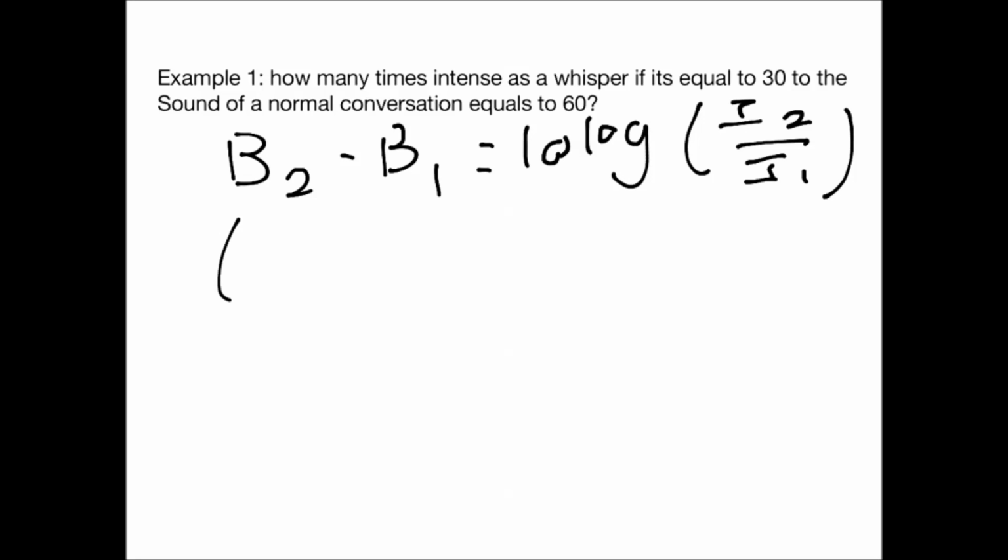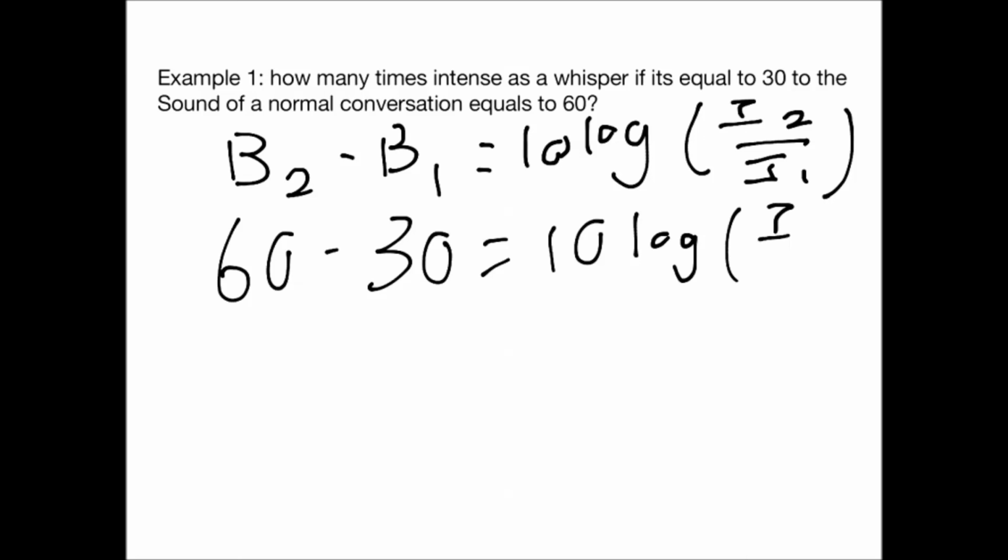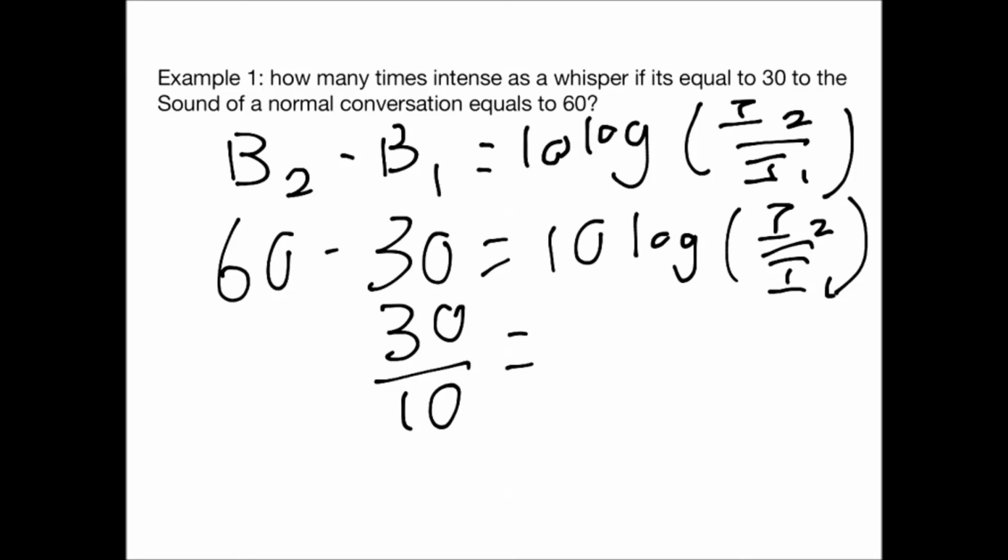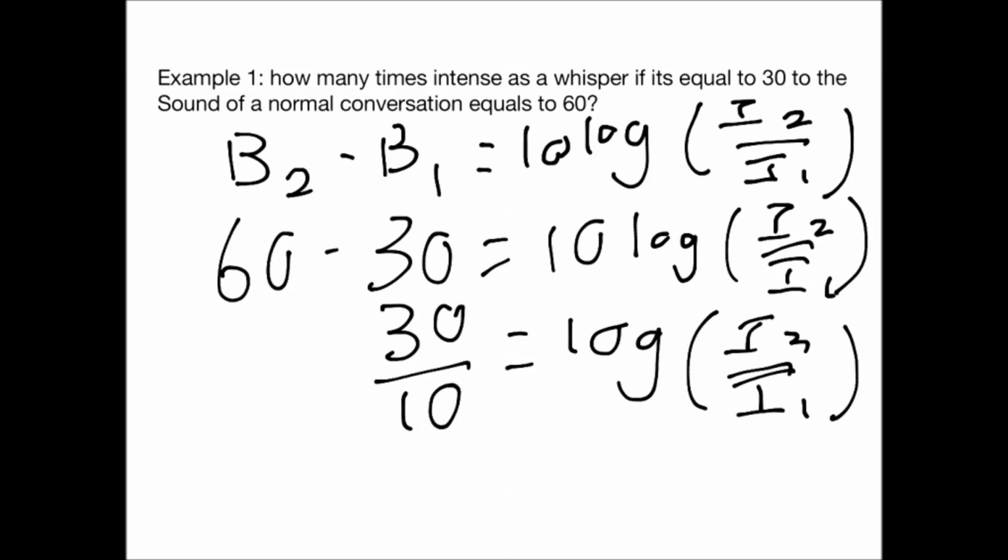So it will be 60 minus 30 equals 10 log I2 over I1. Now you will get 30 over 10 as you move the 10 over to the left side. So therefore it will be 3 equals log I2 over I1.